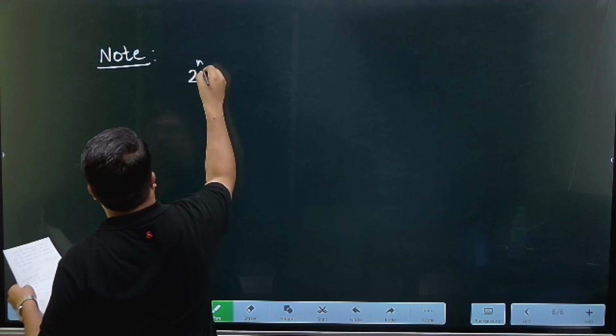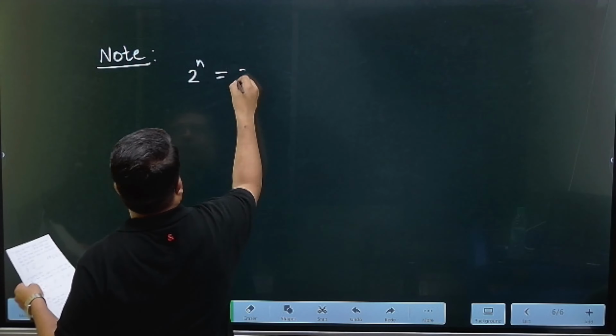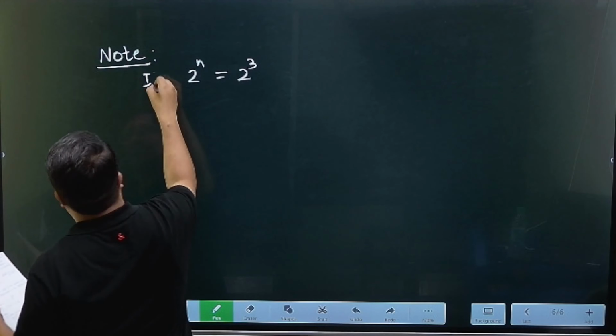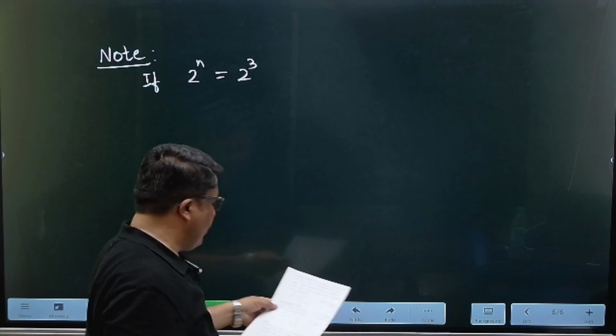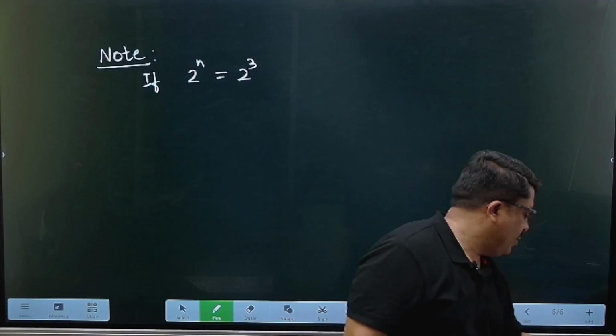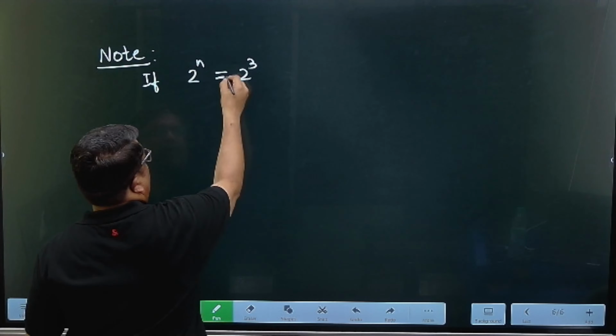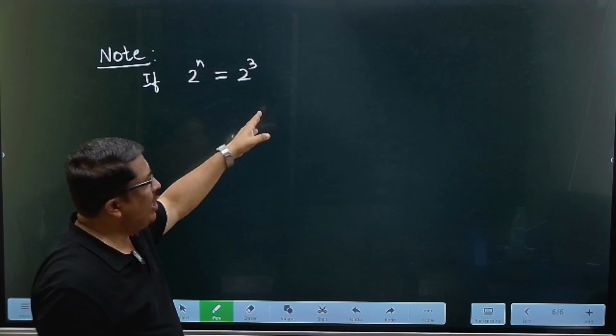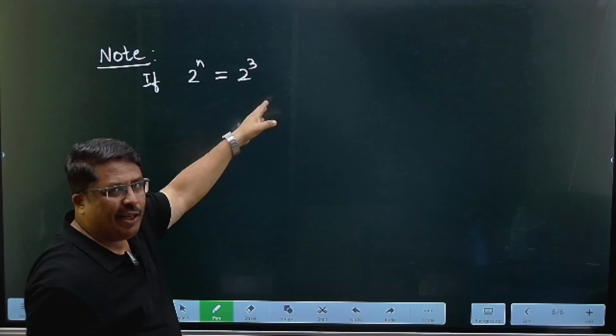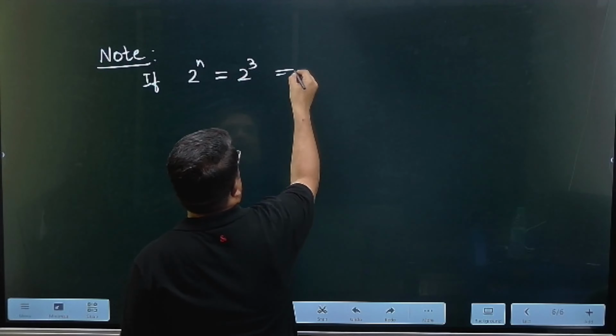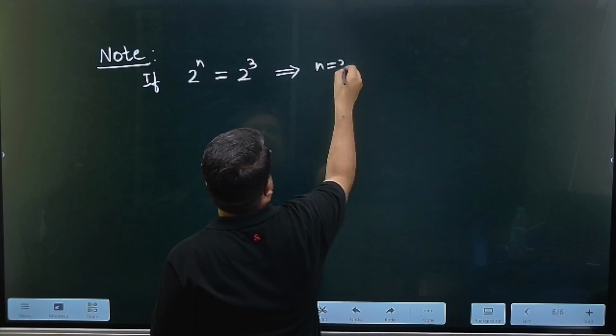That is, 2 raised to n is equal to 2 raised to 3. This is the condition when the bases of two equal numbers are equal. Bases of two equal numbers, this is the equality sign. If two equal numbers have the same base, then their indices must be the same.